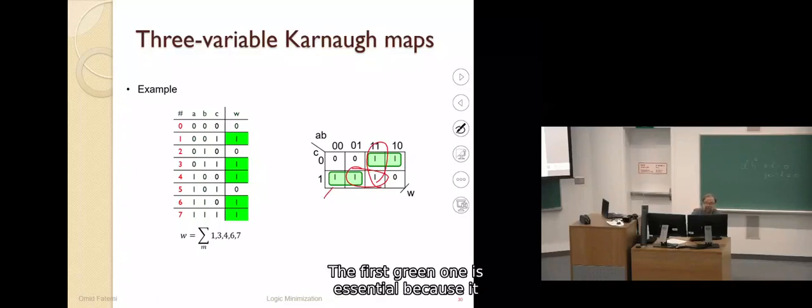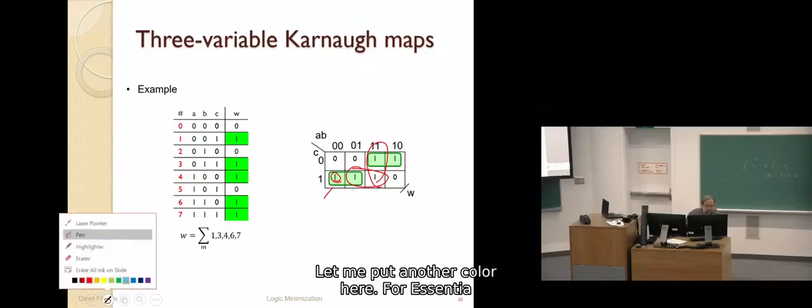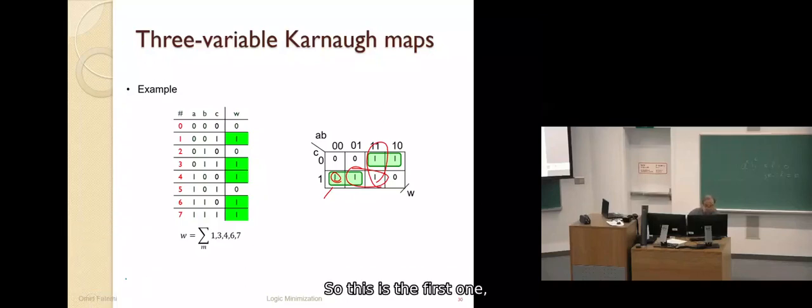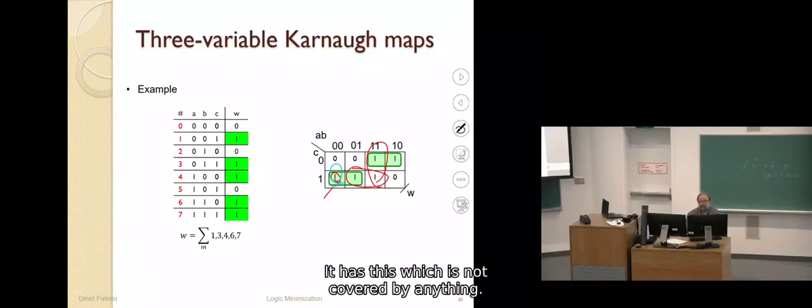The first green one is essential because it has this one which is not covered by anything. Let me put another color here for essential. So this is the first one. The other green one, it has this which is not covered by anything. So this is also essential. Now let's look at this implicant. It has 2 terms.